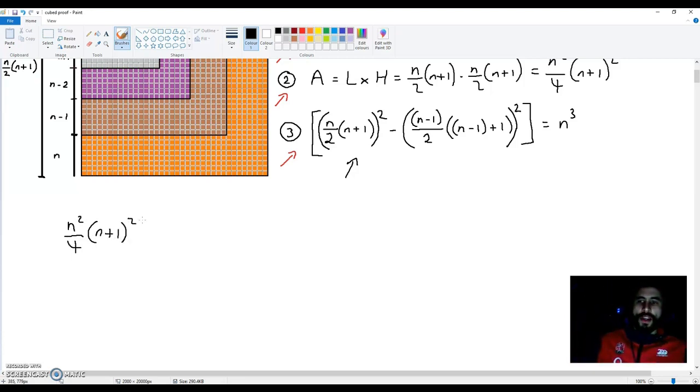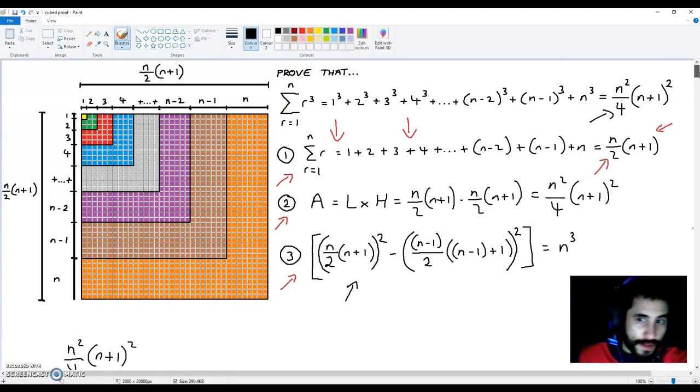We already established this close to the start of the video. Now the idea is to subtract the brown square from it in order to get the area shaded in orange over here. However, what is the area of the brown square?